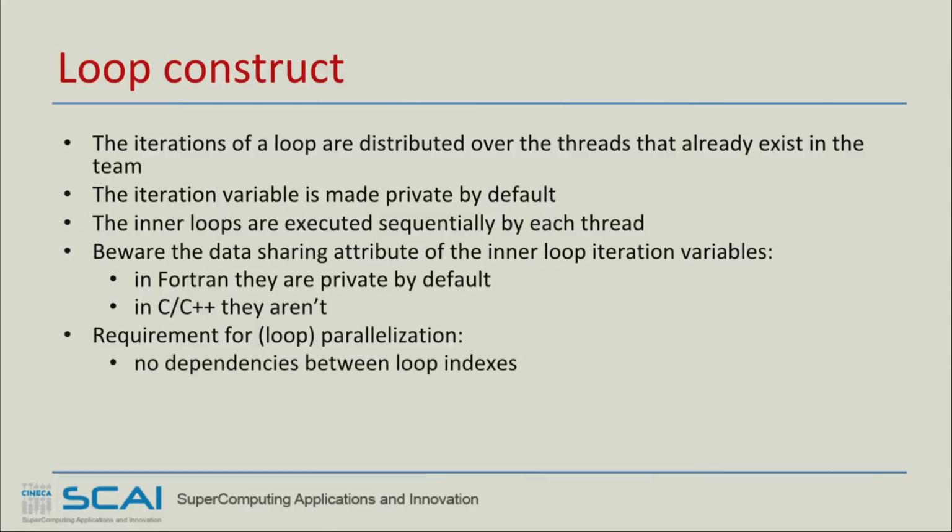There is a strong requirement for the parallelization of the loops, which is that you don't want dependencies between the loop indexes. In some cases, that can be removed if you have some dependencies. In some cases, not. But in the latter, you should avoid parallelizing those loops.